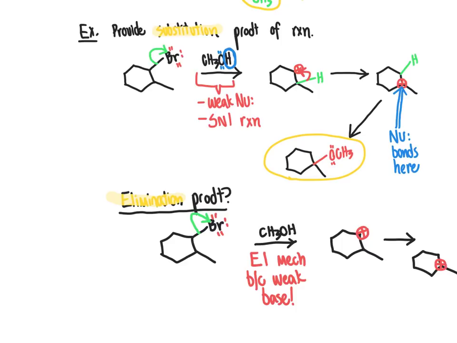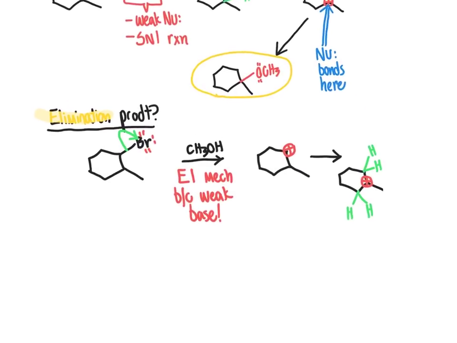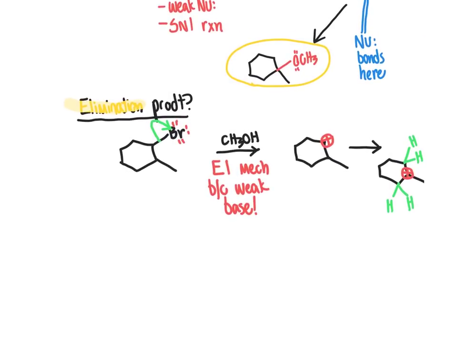And then what I'm going to go ahead and do is relative to that carbocation, I'm going to fill in the hydrogens that are beta to that, because those are the hydrogens that are going to be subject to being removed during the next step of the reaction, the elimination step. And you'll notice that these hydrogens that I've shown in green are totally symmetrically substituted around the carbocation, so it doesn't matter which of those we go for, we're going to end up getting the same product one way or the other.